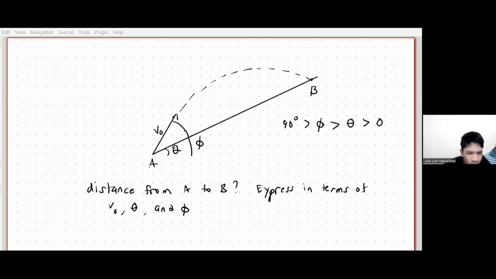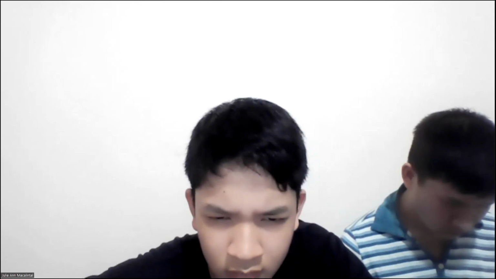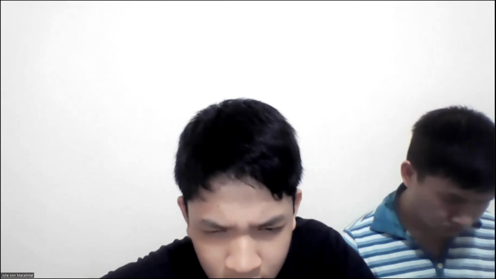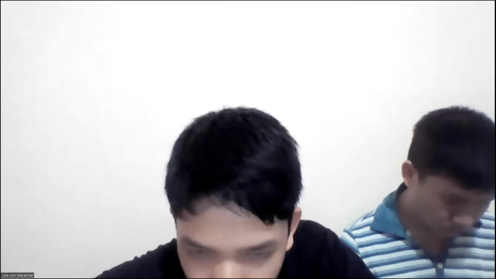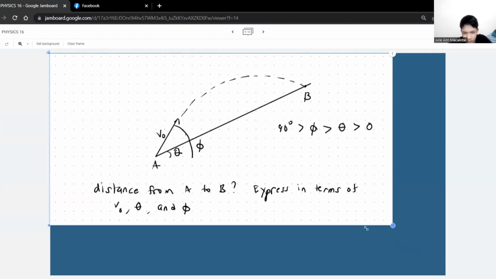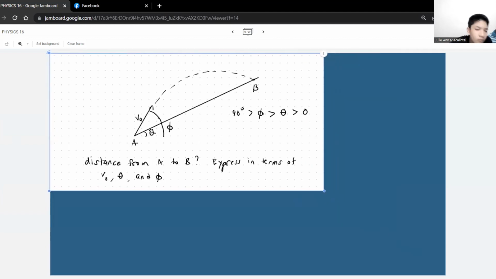Okay, so magsa-stop na ang screen share para makita ko yung ginagawa mo. So we have those angles. This is phi. This is theta. And then, ano yung part mag-i-intersect?